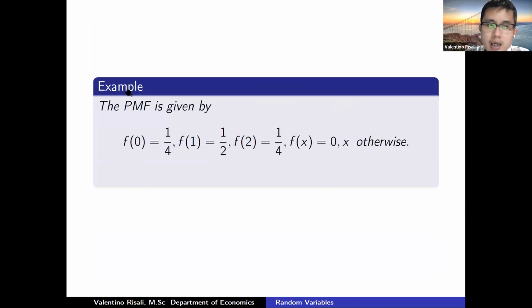Therefore, the PMF of the previous example is given by this formula: f(0) is equal to 1/4, f(1) is equal to 1/2, f(2) is equal to 1/4, and f(x) is 0 for other x.